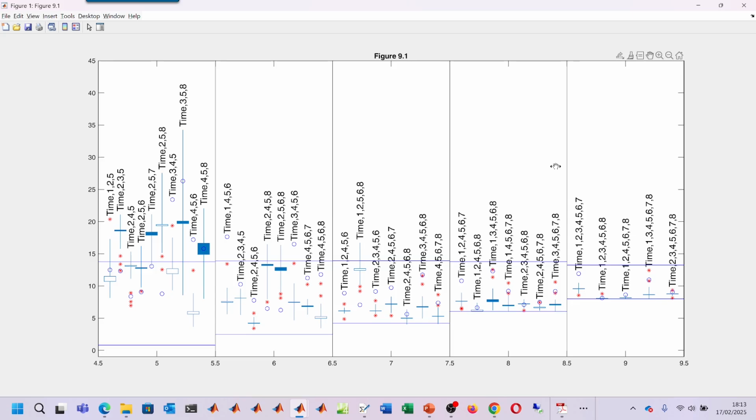So here we have the number of variables in the model running along the bottom from 5 to 9. We have horizontal lines in each plot which give us the quantiles of the distribution of the CPM, and then we have a vertical line for each model that we think might be of interest.